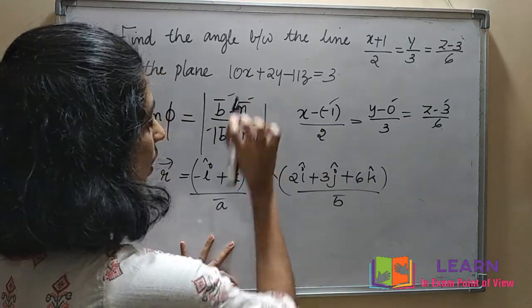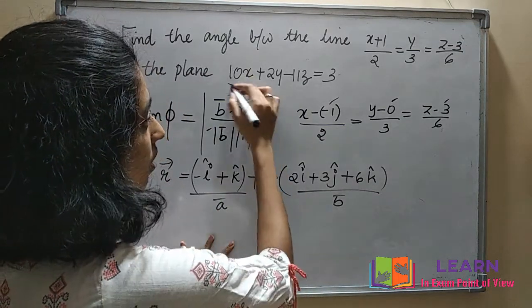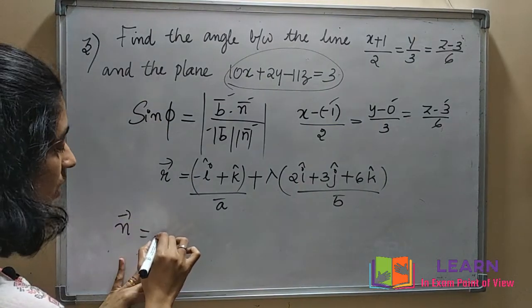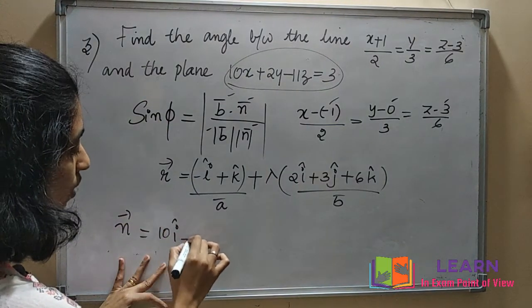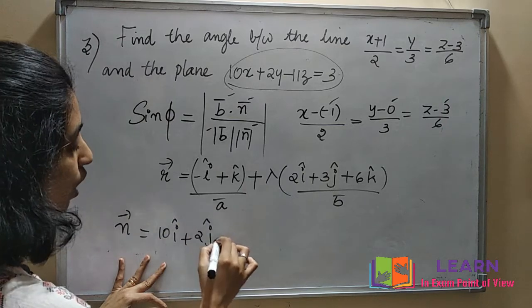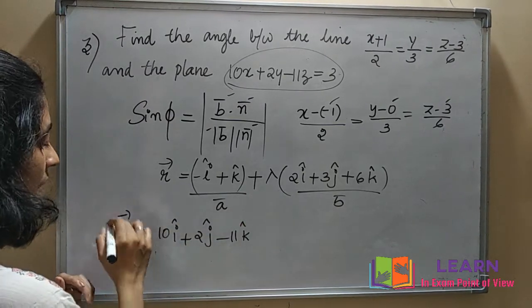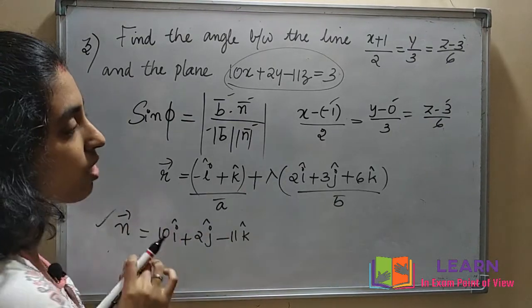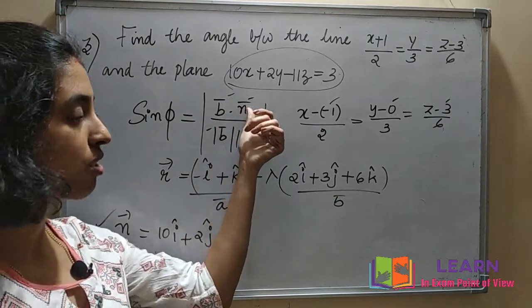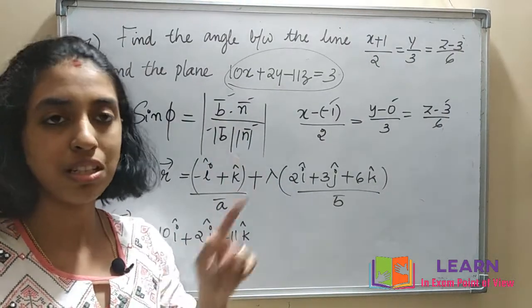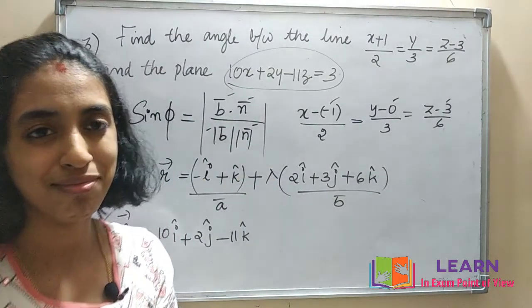We need b here, right? And what is this n? This one. n vector can be written as 10i plus 2j minus 11k. This is n vector. Now we have n vector, a vector is there. Then we can first find the dot product, then take the modulus of each vector, then substitute in this formula.